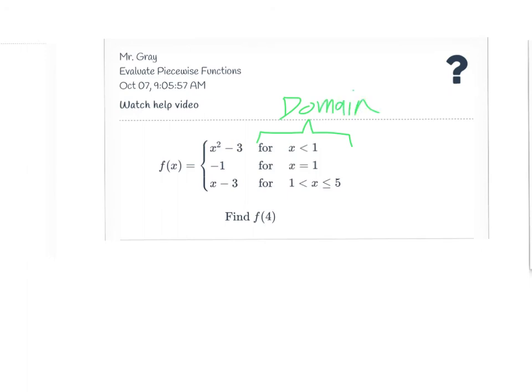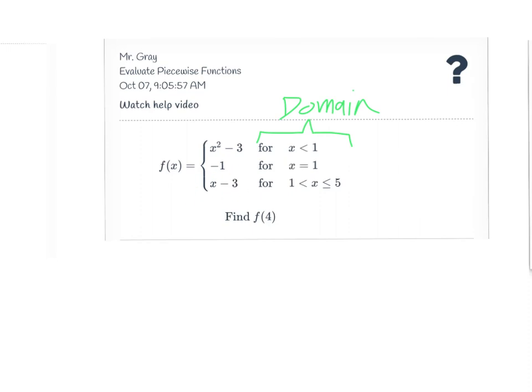For every value that we plug into this function that's less than 1, for x less than 1, we would use x squared minus 3, this quadratic function. If the value we want to plug in is exactly 1, the output is negative 1. So you put in a 1 input, you get a negative 1 output. For any value that's greater than 1 but less than or equal to 5, we would use this linear equation, x minus 3.